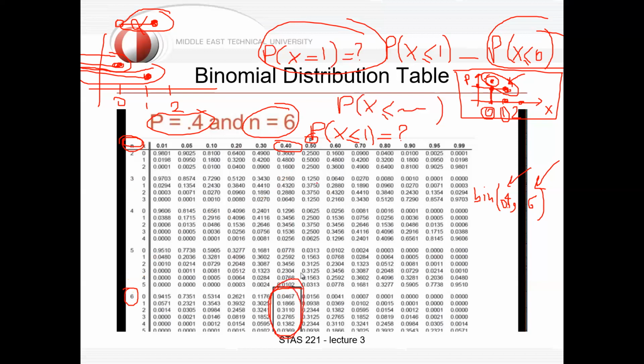So if you have such a table from P and N, you understood you are talking about this part. Okay, now I'm asking what's the probability of x less than or equal to 1? So x's are here. You see? So for 1, I have this probability, and this is the final answer. That's easy. So 0.1866. This is the answer.